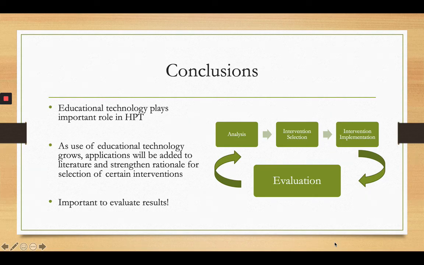The evaluation phase of the model includes formative evaluation in the analysis, selection, and implementation phases, summative evaluation immediately following the implementation phase, and confirmative evaluation to monitor the intervention's continued effectiveness. Evaluation is also key to the human performance technology principle of focus on results.